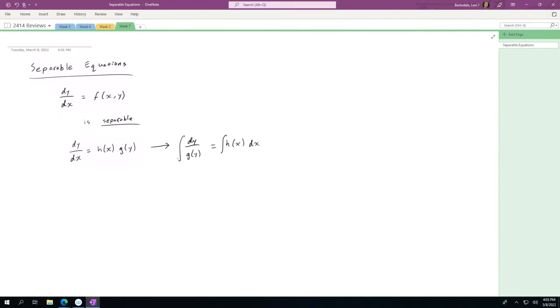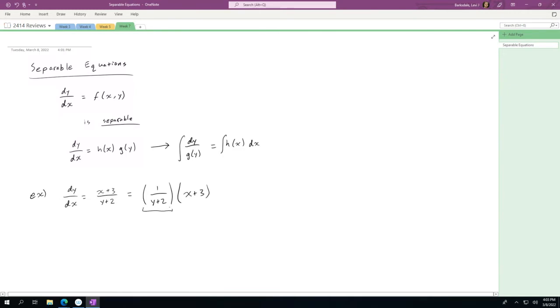So, for example, if we have the equation dy over dx is equal to x plus 3 over y plus 2, well, I can write this as 1 over y plus 2 times x plus 3. So here this is separable.